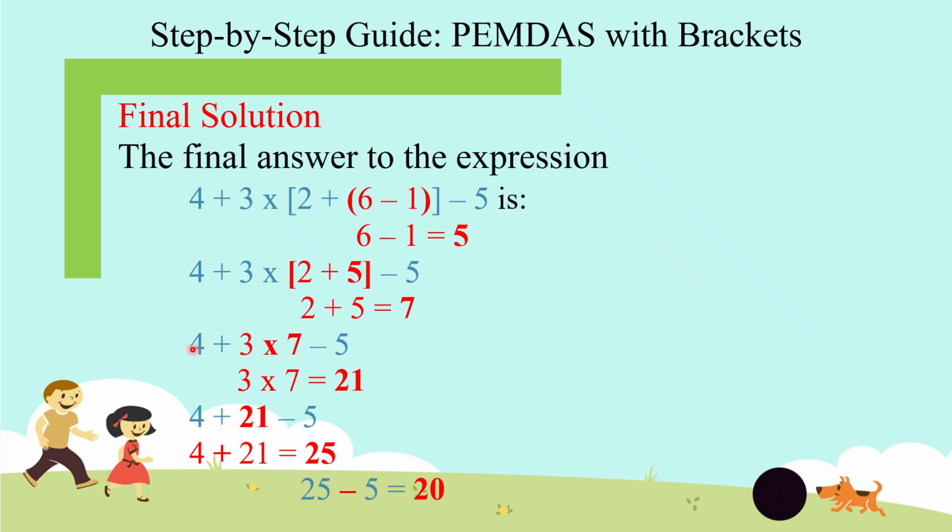Expression now reads as 4 plus 3 times 7 minus 5. Multiplication next. 3 times 7 equals 21. Expression updated and reads as 4 plus 21 minus 5. Addition next. 4 plus 21 equals 25. And finally subtraction. 25 minus 5 equals 20.